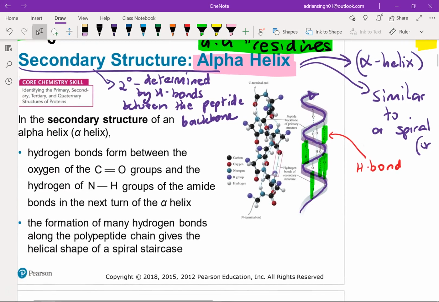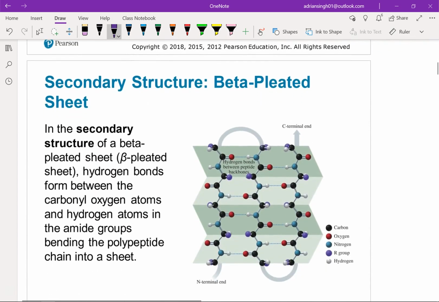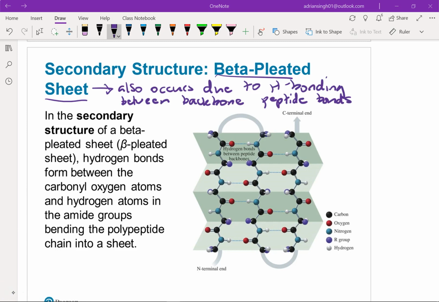So that's the first type of secondary structure, and that results from hydrogen bonding between the peptide backbone. The second type of secondary structure we'll see is something known as a beta pleated sheet, and this also occurs due to hydrogen bonding between the backbone peptide bonds.